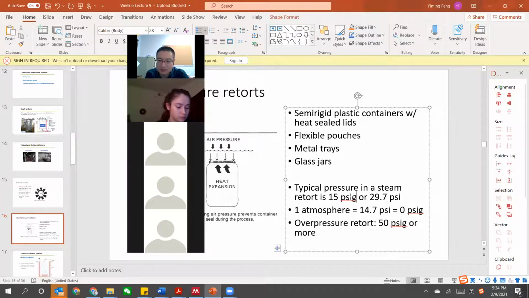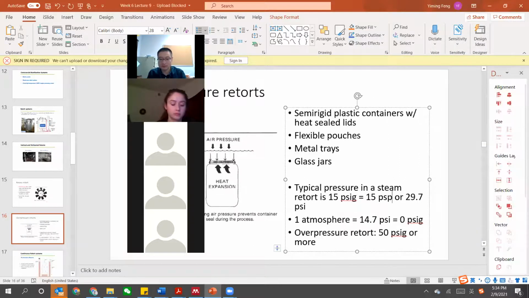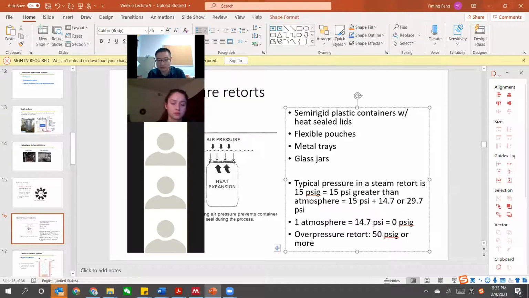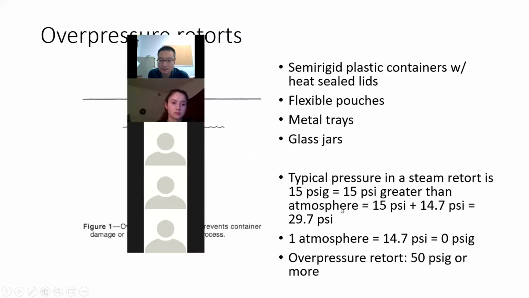So that's why when we talk about 15 psig, it means it's 15 psi greater than the atmosphere. So it's equal to 15 psi plus the atmosphere, which is 14.7 psi. So it's equal to 29.7 psi. Does it make sense?